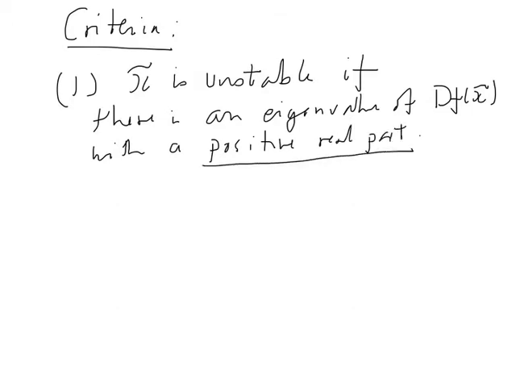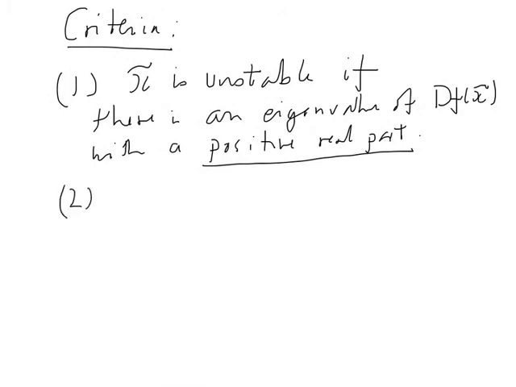So what you want to think of is that imagine df was actually diagonal, and then the eigenvalues would be on the diagonal. Imagine they're real, then having a positive real part would mean you have a positive number somewhere on the diagonal. It's a diagonal matrix, so you would have xi dot is equal to lambda i times xi, and lambda i would be positive. Then you would have growth like e to the lambda i t, so you'd have exponential growth. So that's why that's true.